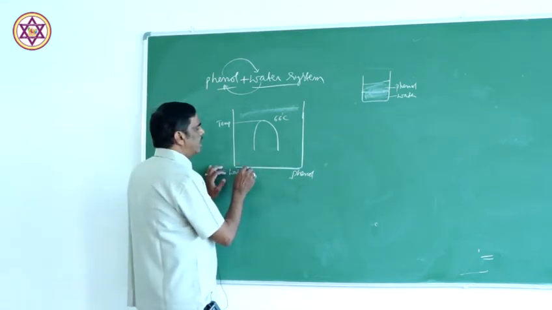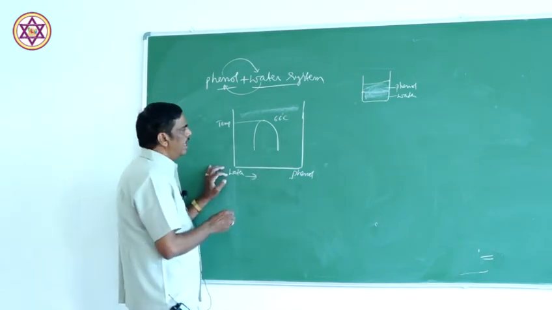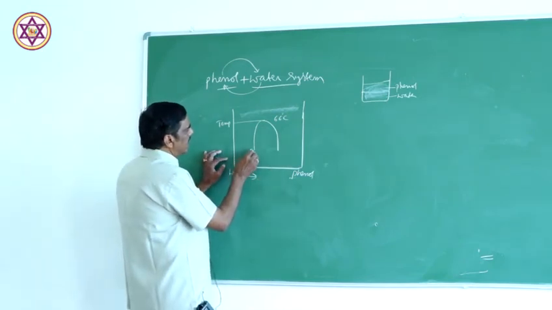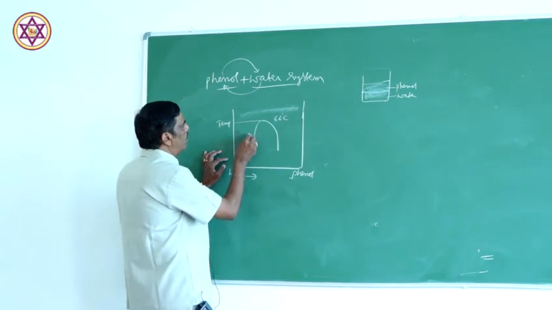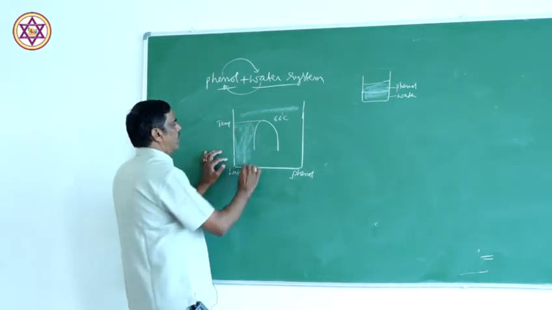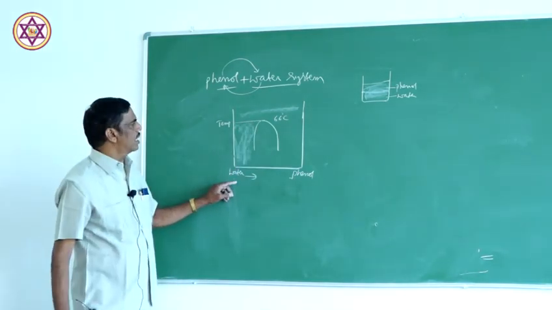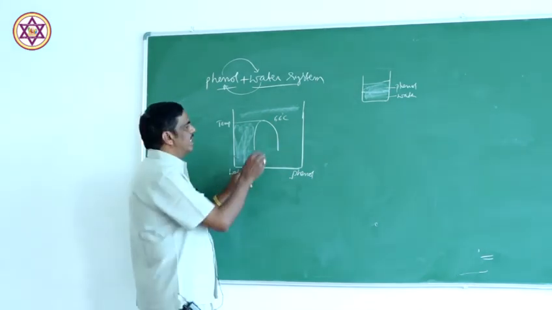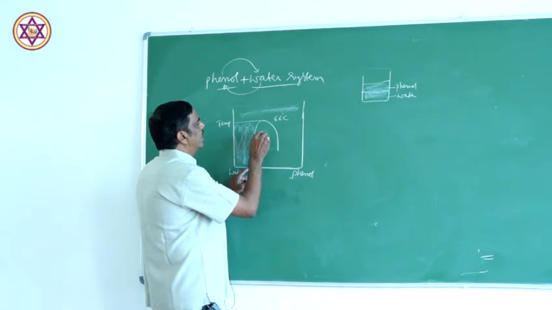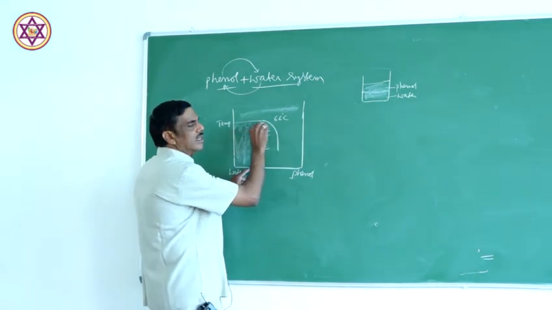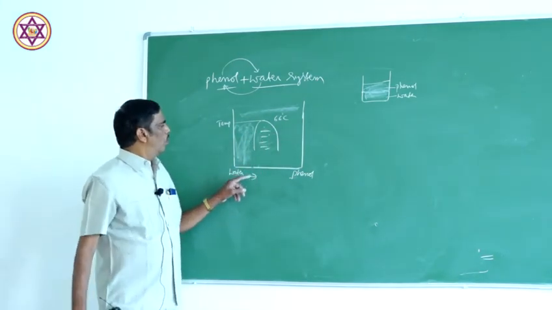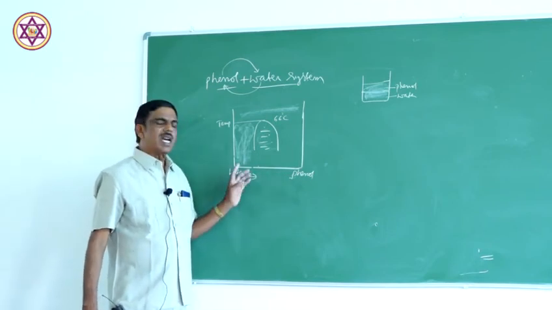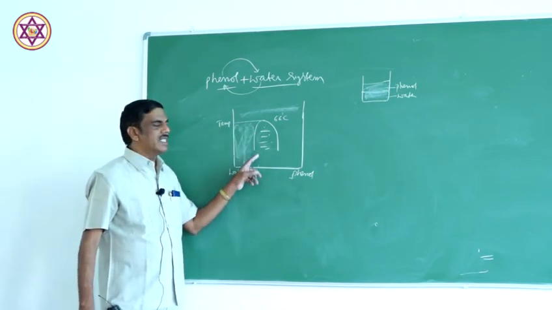What happens? When the phenol is less, it is completely soluble. When the amount of phenol increases, solubility decreases. Two layers are separated here, because a larger amount of phenol is not soluble in water below 66 degrees centigrade.